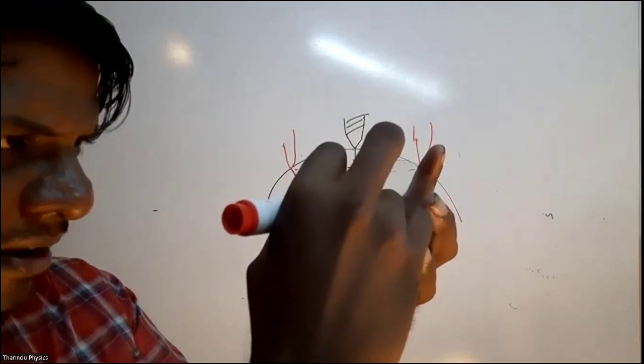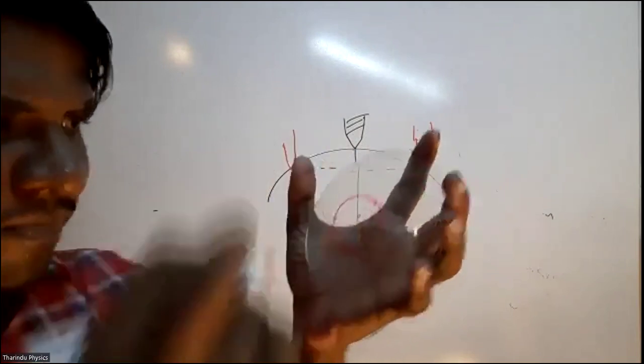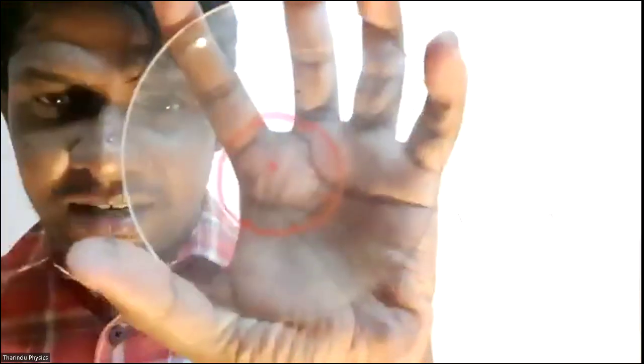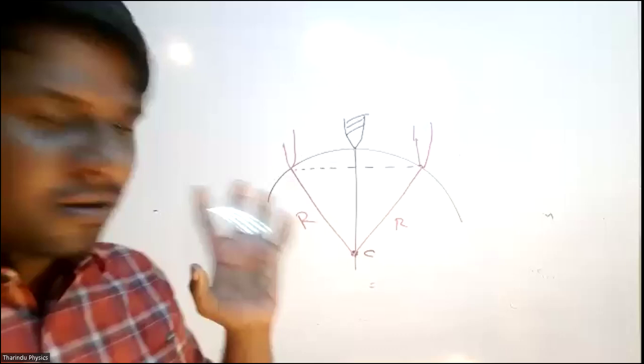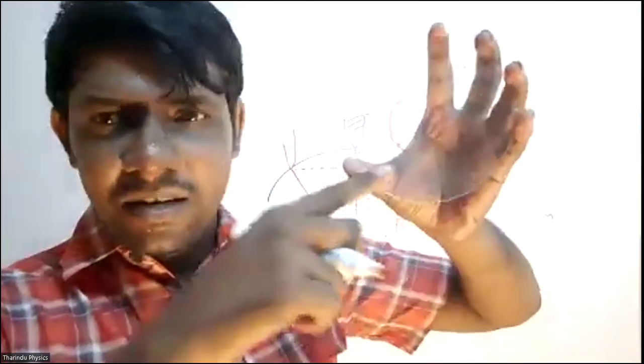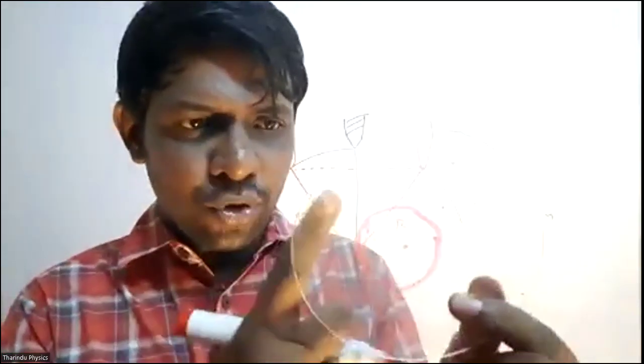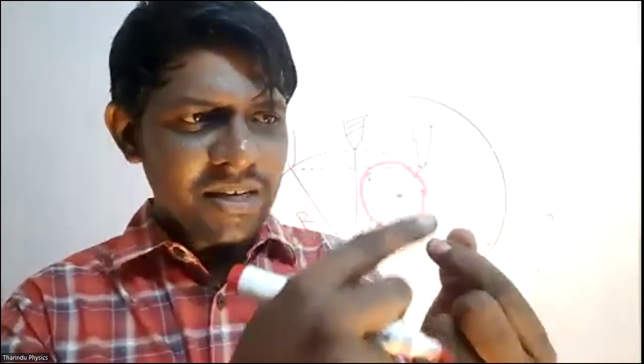You can see now it is as if a circle. If I slice this, this edge makes a circle, isn't it? The surface is spherical, but this edge makes a circle. If I cut it through here, won't it make a circle?